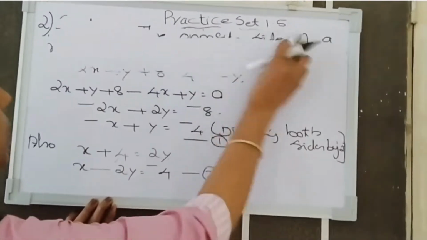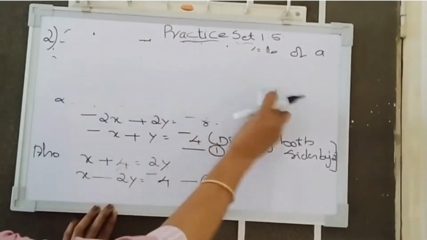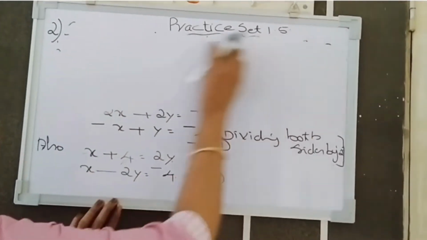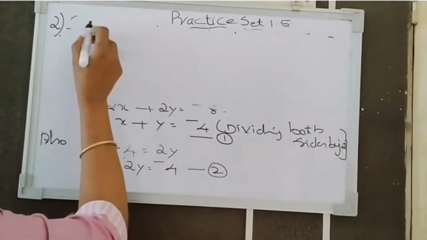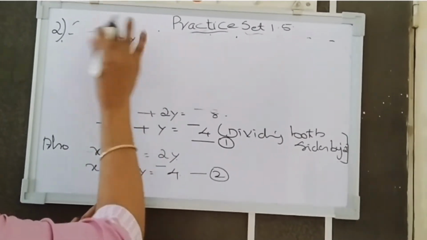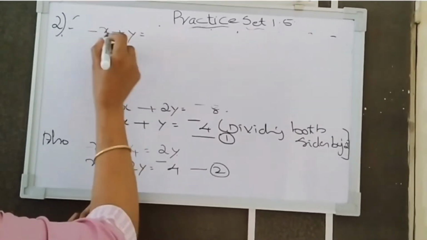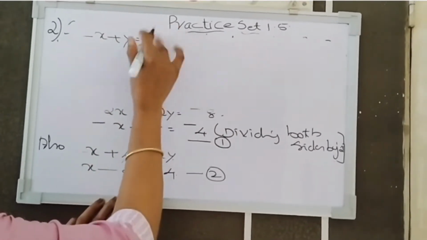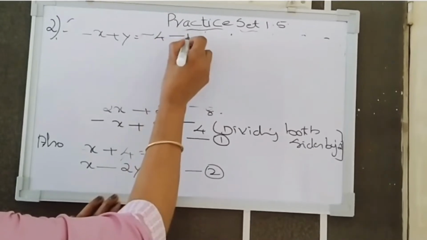I am writing the two equations together. Therefore, the first equation is minus x plus y equal to negative 4, equation 1.